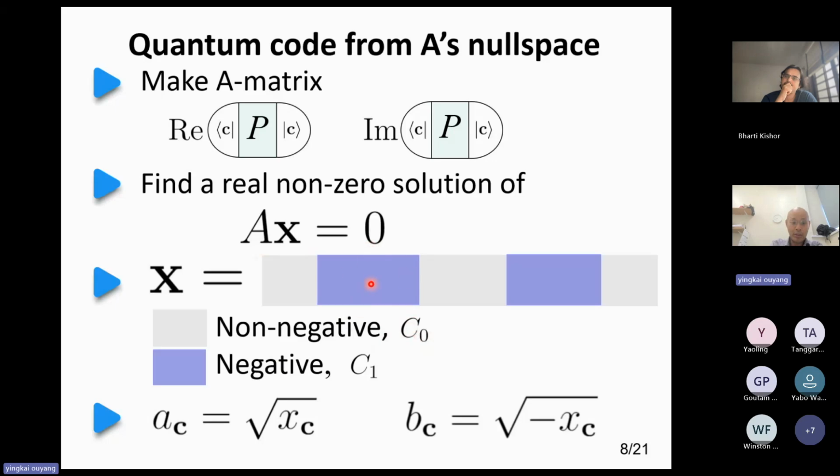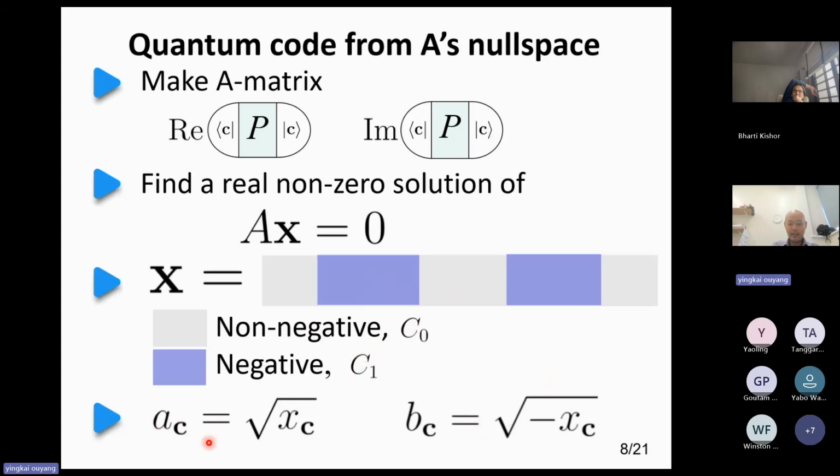So I use the solution to determine what the C0 code is, namely the positive support of the x vector determines which C0 code words I'm going to use, and the negative parts will correspond to the C1 code words I'm going to use, which will correspond to the logical one. So the positive part will be for the logical 0, and the negative part for the logical 1.